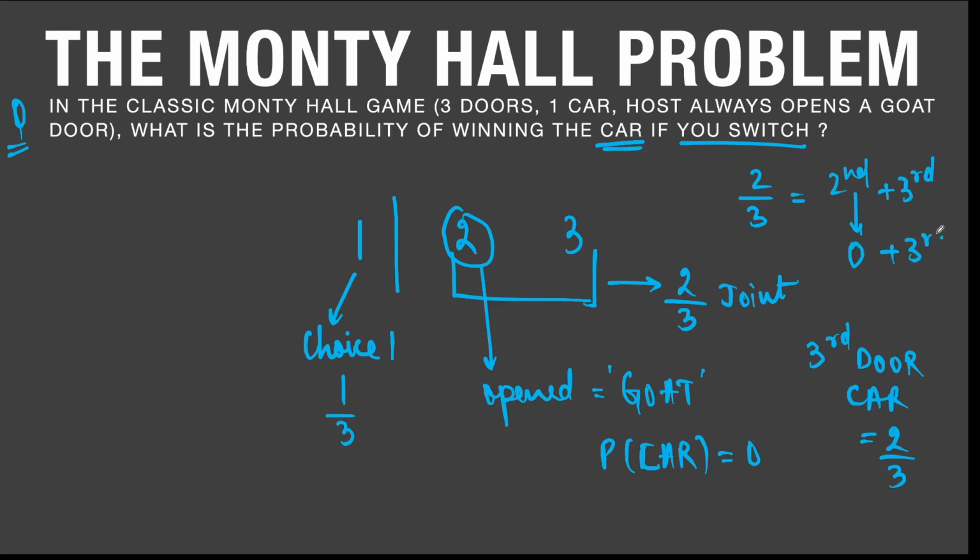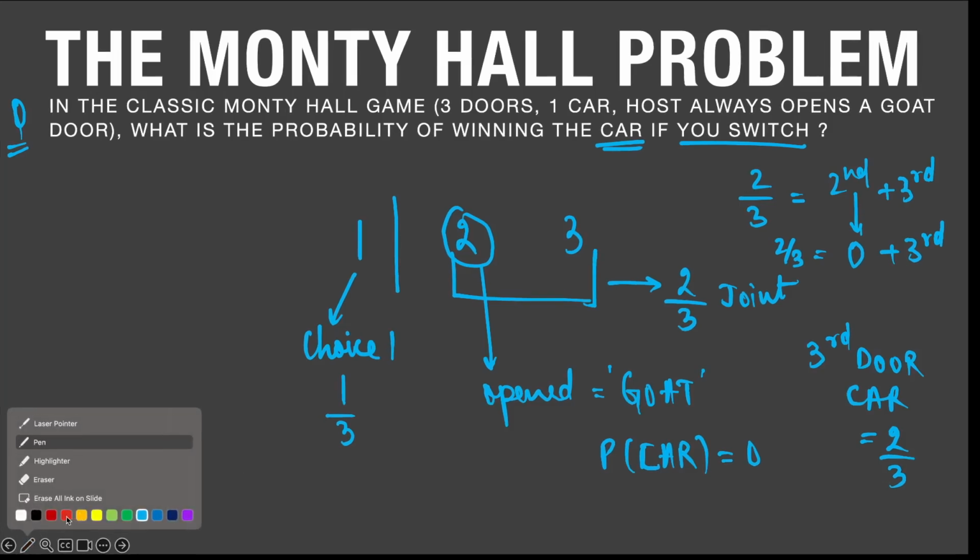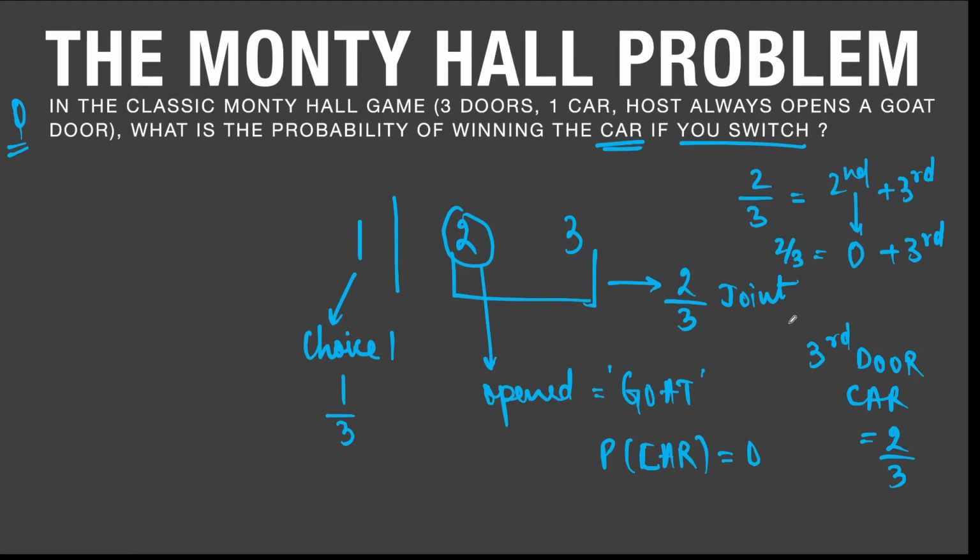The third door gets the entire probability of 2 by 3 of getting a car. So if I switch, the probability of the third door having a car is 2 by 3. Got it? This is the standard problem.